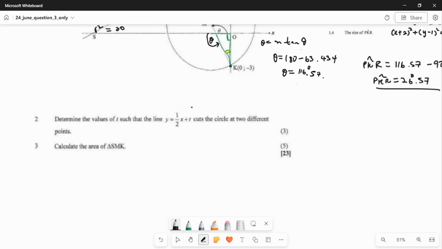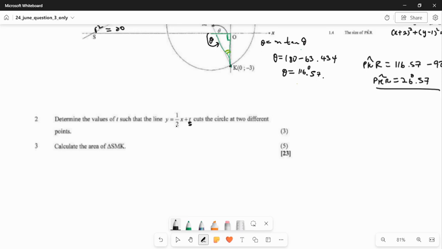However, there's a variable that is not constant. There's a dynamic variable t that should be restricted in order to say this line cuts the circle at two points.